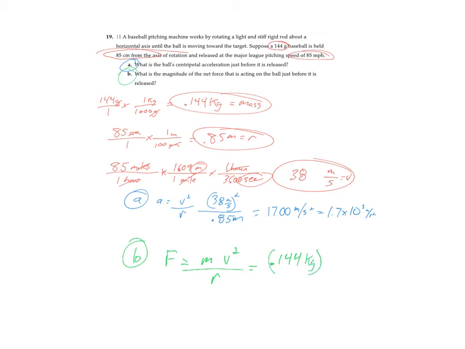The velocity, been there, done that, right? 38 meters per second. We'll square that, and my radius, again, 0.85 meters. So 38 squared multiplied by 0.144, and divide that whole thing by 0.85. I should get an okay number here.